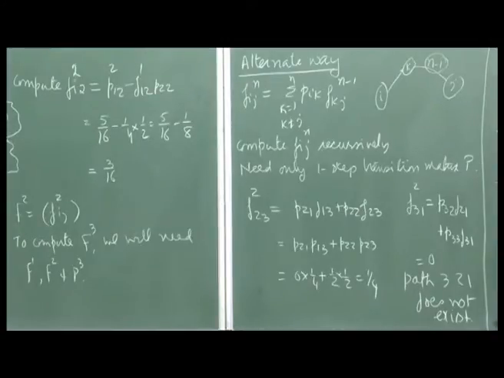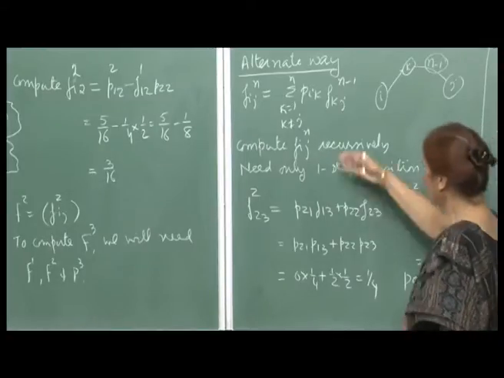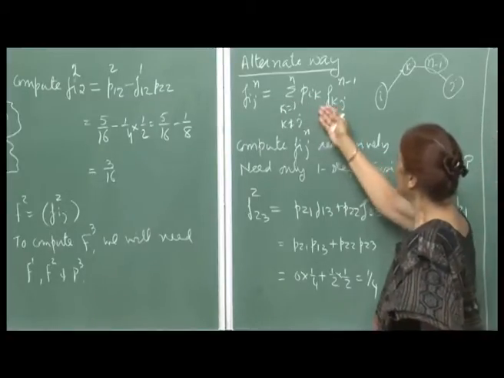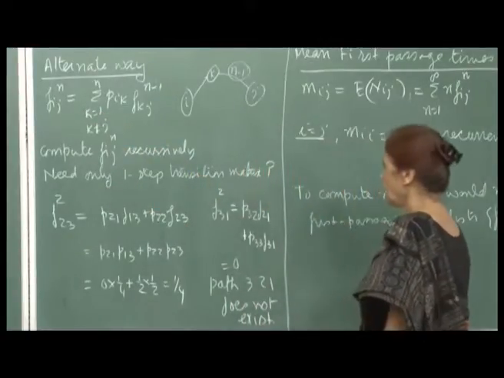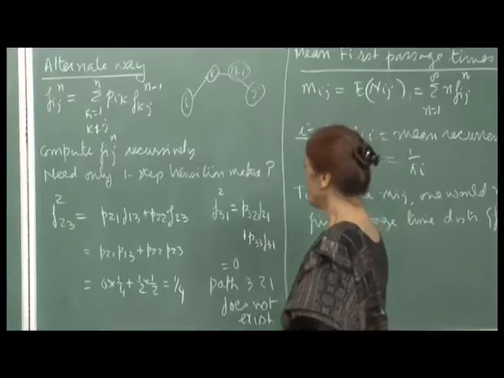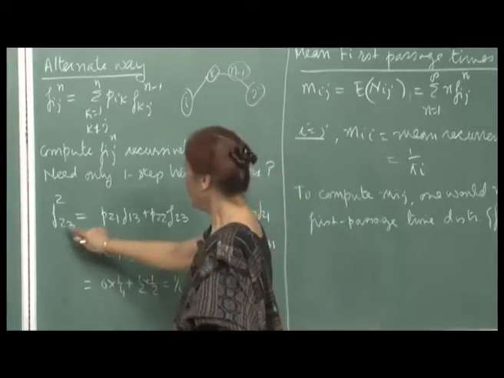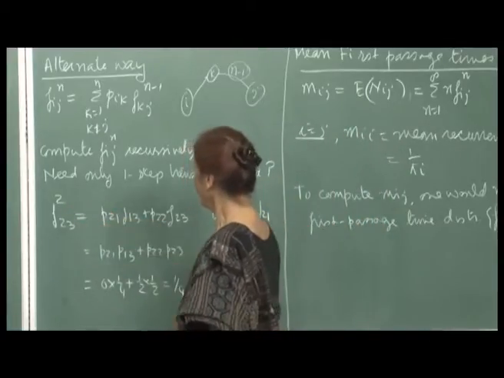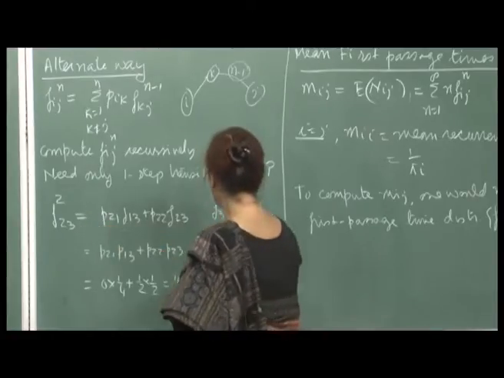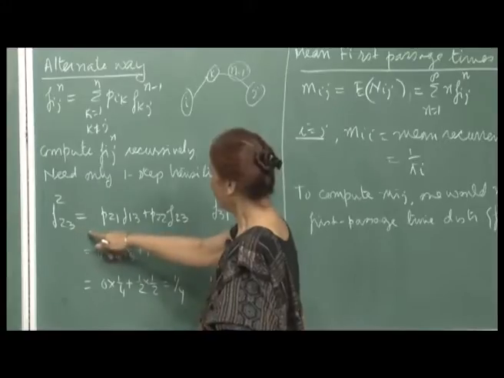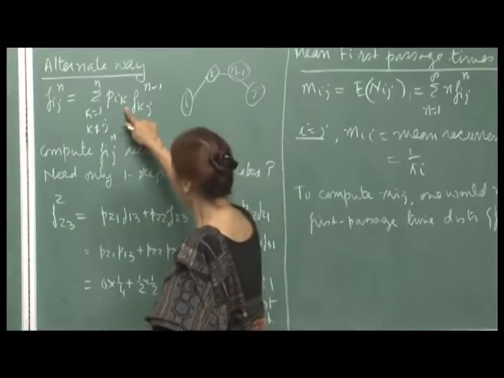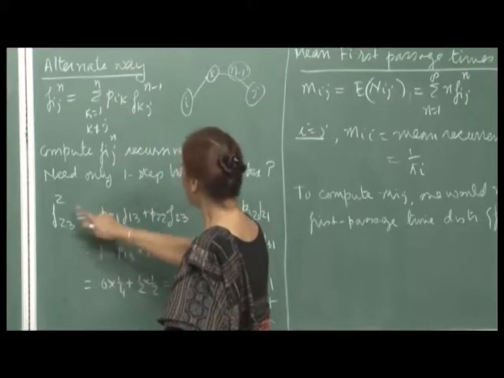Here we just need the one step transition matrix P, and of course we are computing all these f_kj before I compute f_ij(n). Here again, just doing the same exercise, if you want to compute f_23(2), then remember your k cannot be 3, so k can take the values 1 and 2.